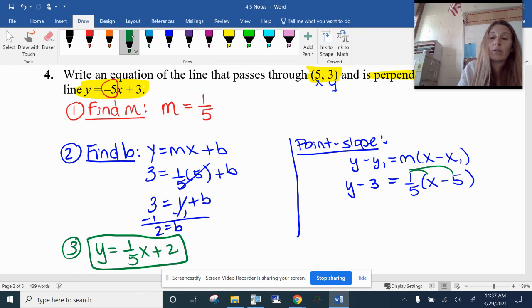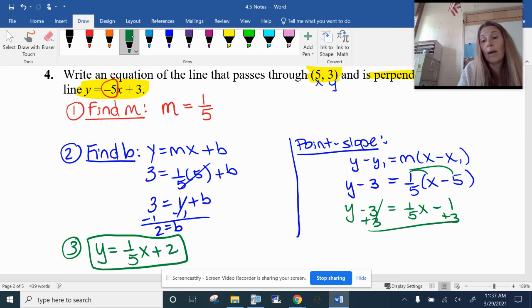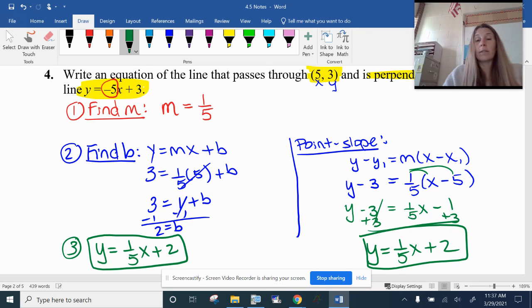Then I would distribute, 1/5 x minus 1, and bring that 3 to the other side, which gets me that y-intercept of 2. Again, same answer, just a different option of how to get there. And that's how you write the equation of parallel and perpendicular lines.